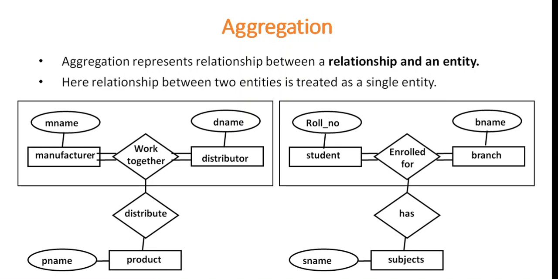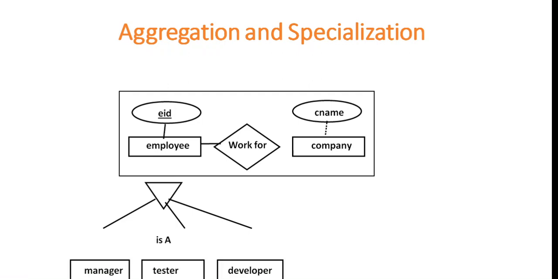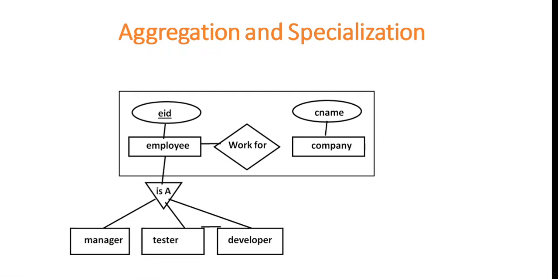Here we don't only show relationships, but we can also show aggregation and specialization together, like this. See here, employee works for company, this is a relationship. We have formed one entity for this, that is employee works for company, and employee can be specialized. Employee can be a manager, a tester, or a developer.